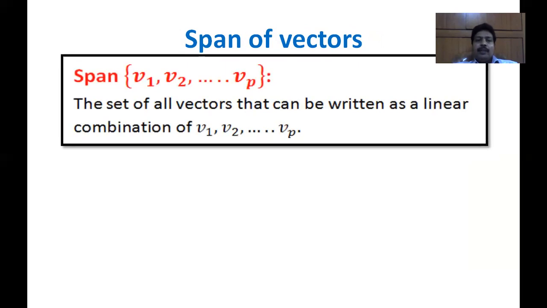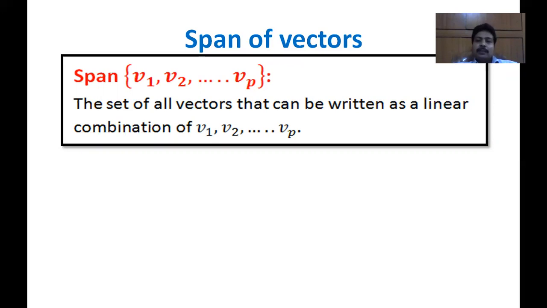Span of v1, v2 and so on vp is the set of all vectors that can be written as a linear combination of v1, v2 and so on vp. A linear combination is a single resultant vector of the vectors in the vector space, whereas span of vectors is the set of all such vectors.